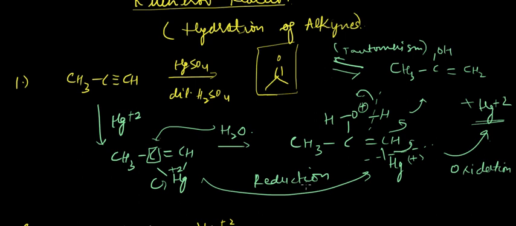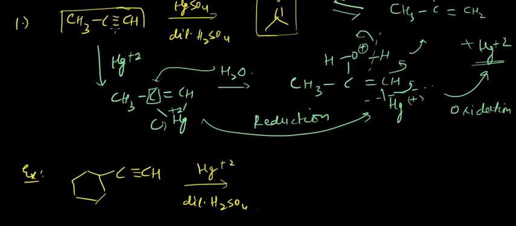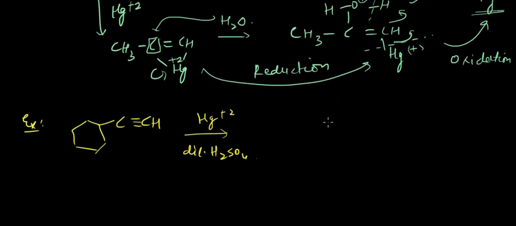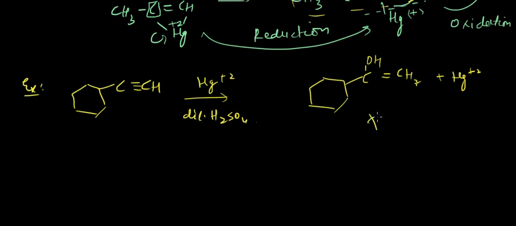Hydration of alkynes will take place, in which we'll get something like this in the intermediate step, and Hg+2 would be released here. This on tautomerism will give a ketone group, something like this.